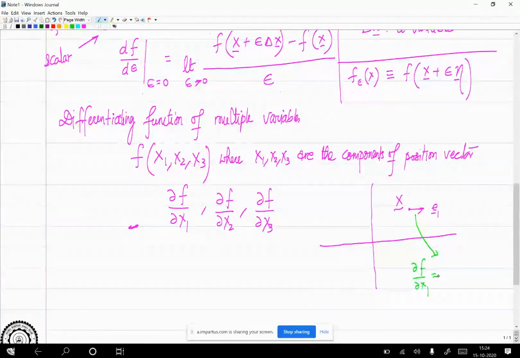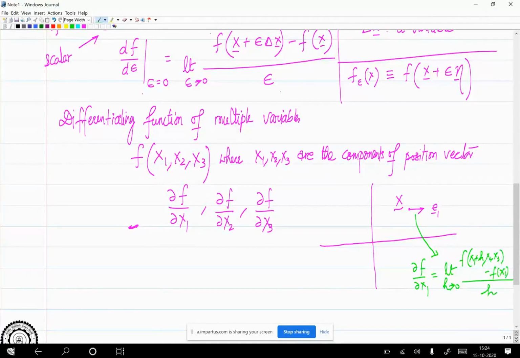And you can define it as limit h going to 0, f of x1 plus h, comma x2, comma x3, minus f of x1 divided by h. Isn't it? That's how you do the partial derivative.